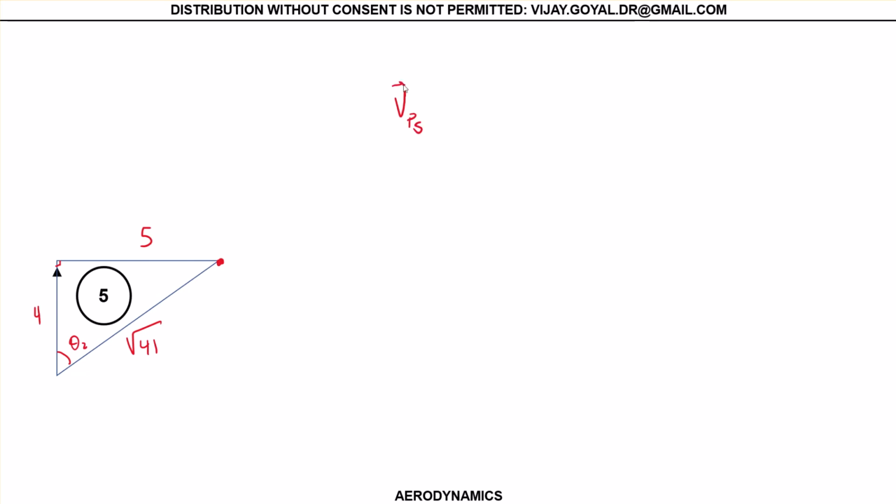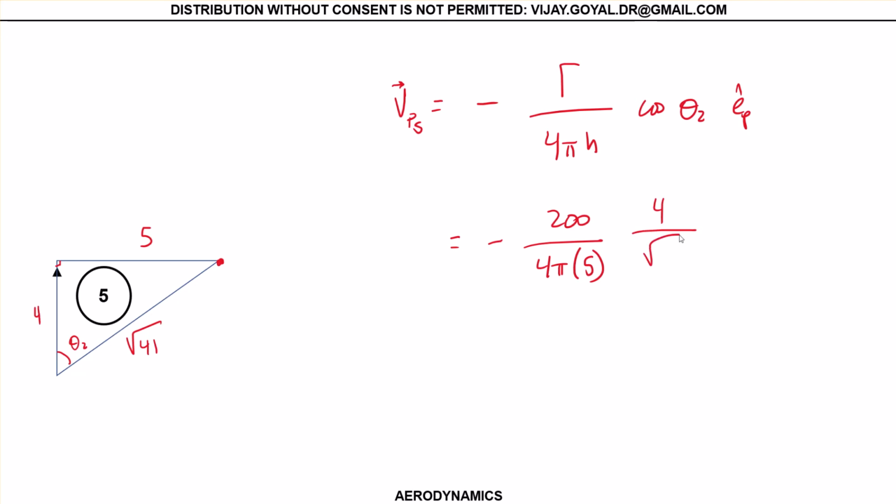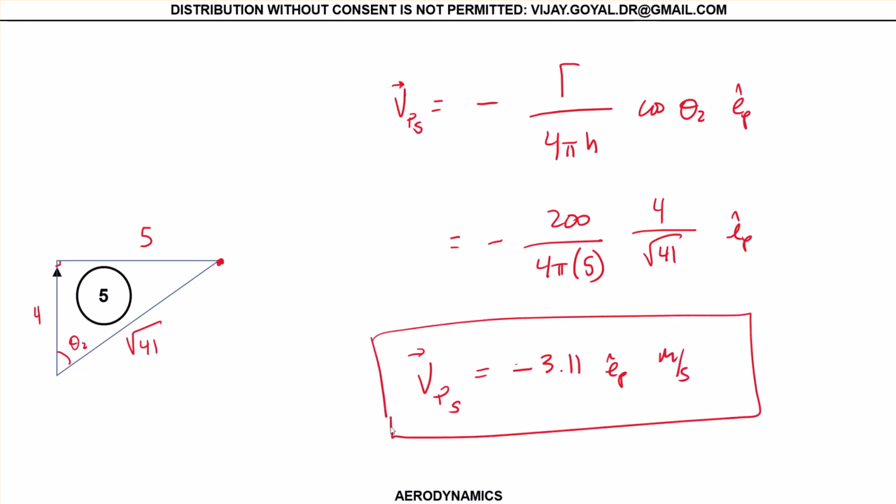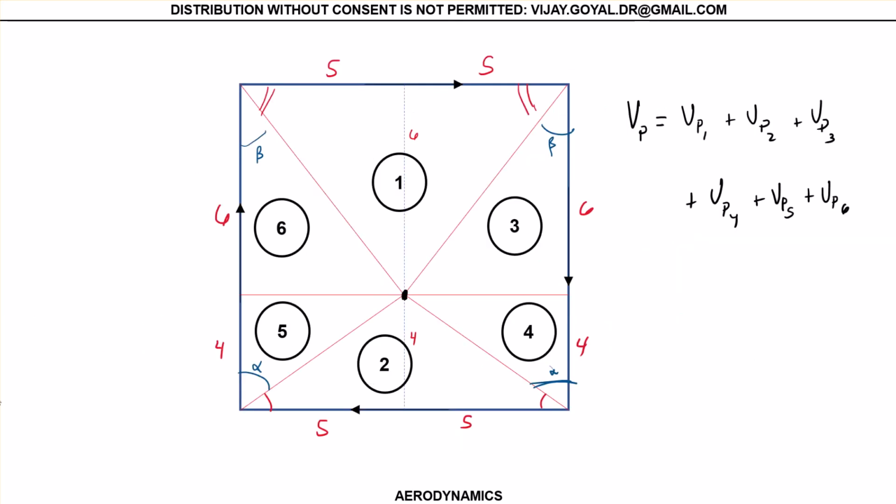So VP5 is equal to minus 4 pi h cosine of theta 2 EP, which is minus 200, 4 pi, 4 over square root of 41 EP. So segment 5 will give you minus 3.11 EP at that point. That is point number 5. We got 1, 2, 3, 4, 5. Let's go to the last segment.